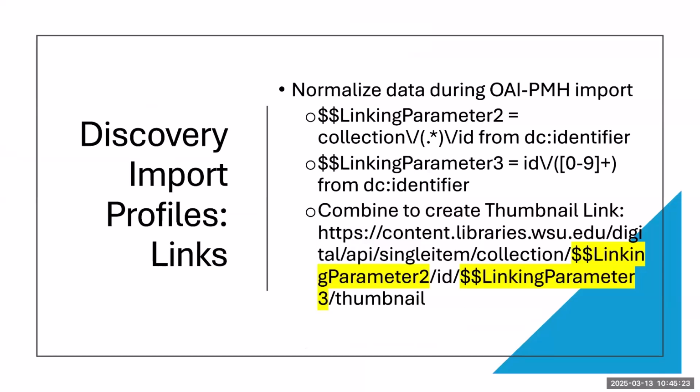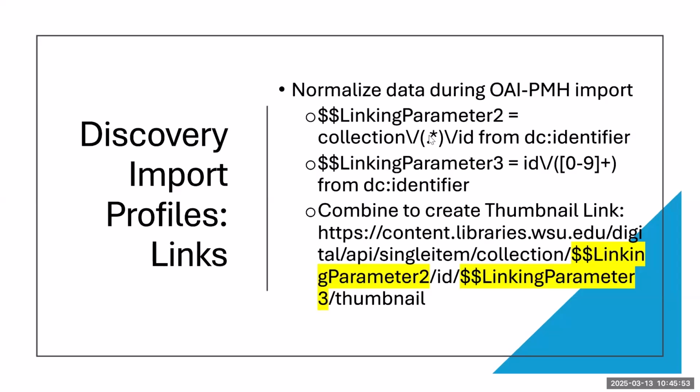Then there are discovery import profiles in Alma Primo. In this case, it's about constructing the links to the thumbnail, right? In this situation, you can define parameters, or variables, and then you can reconstruct a string to include those variables, which ends up being a URL, which can be a link to something.